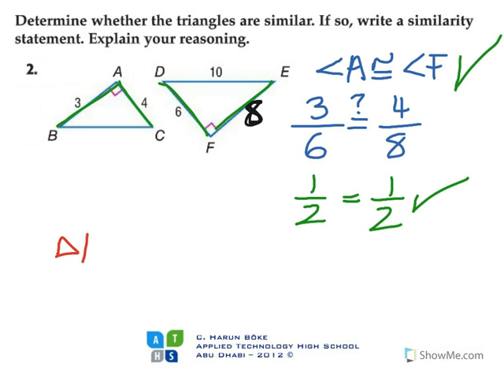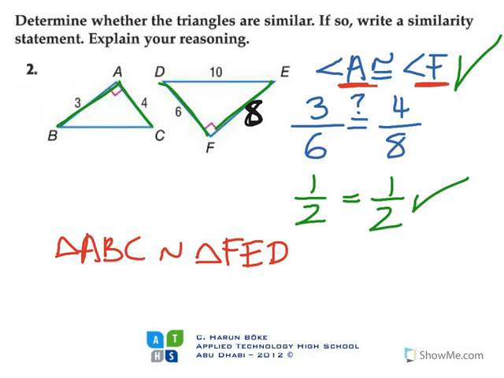Hence we can say that triangle ABC is similar to the triangle. Now be careful, A is congruent to F, so you should start with F and go through E, D, because you see for 3 you wrote AB, and for 6 you wrote DF, and for 4 you write AC, and for 8 you write EF.